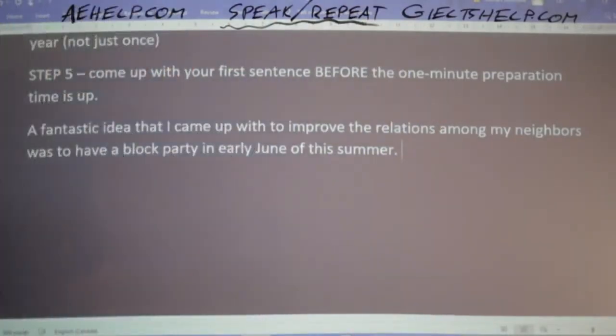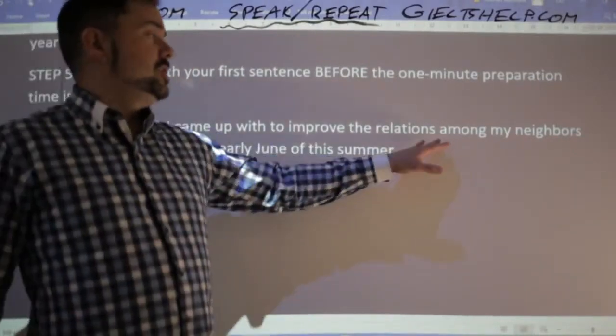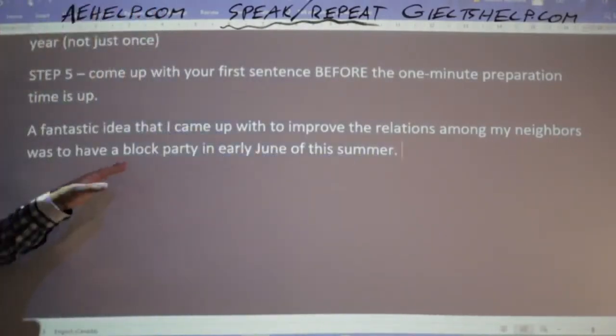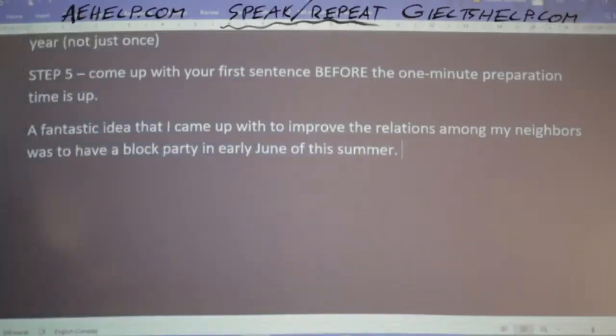All right, so a fantastic idea that I came up with to improve the relations among my neighbors was to have a block party in early June of this summer. I came up with this idea, or if I want, I can use a past perfect here.